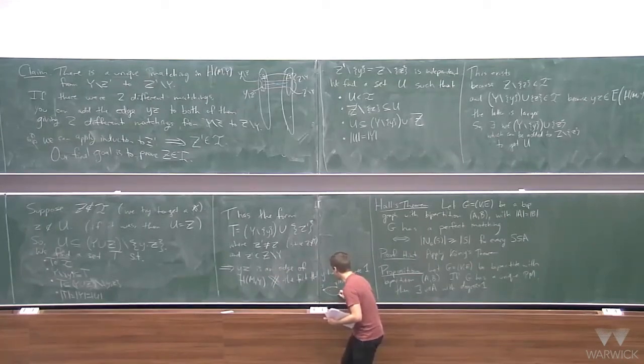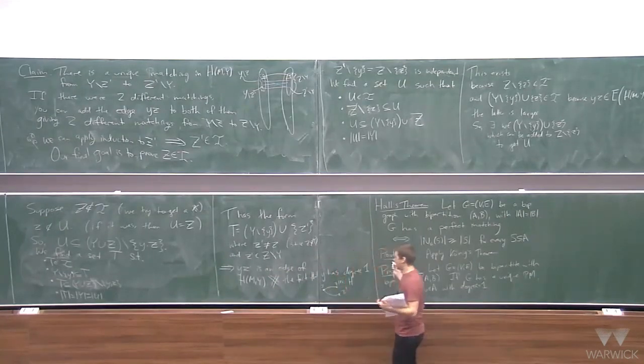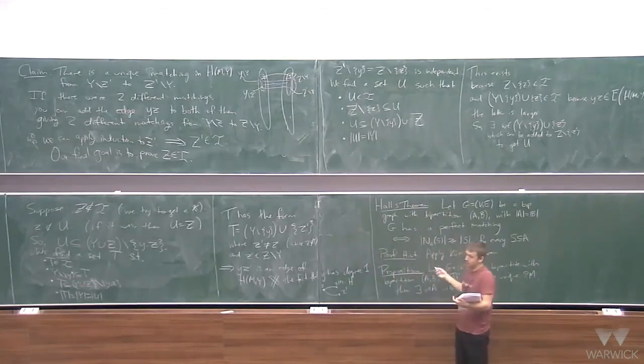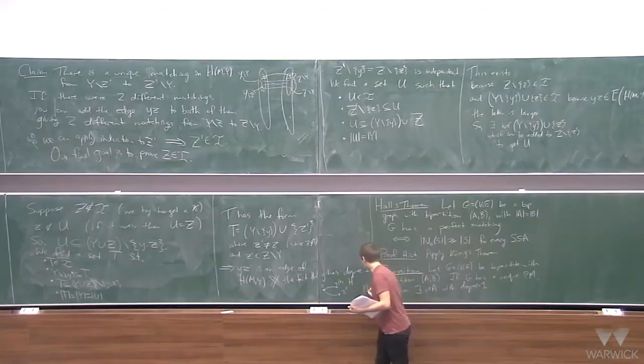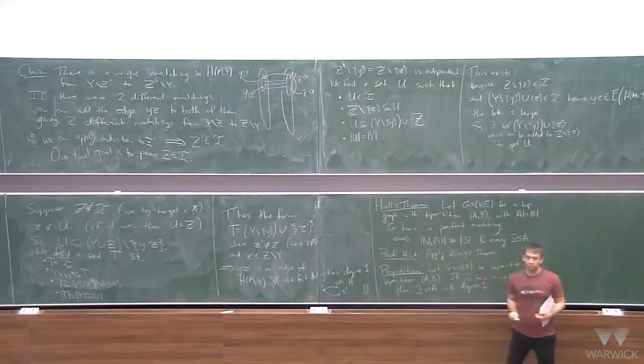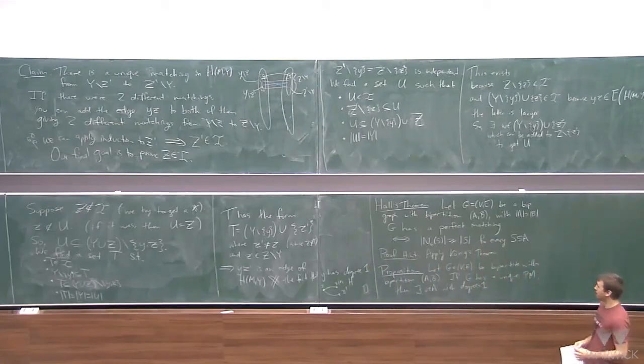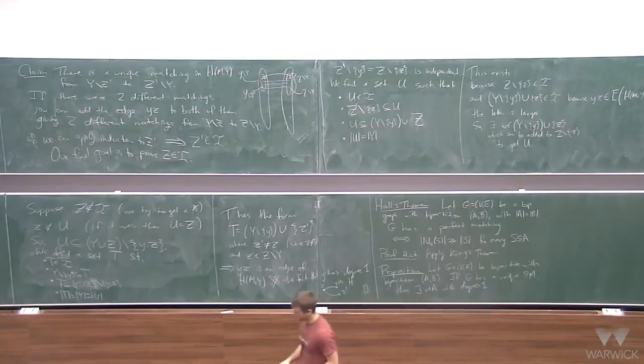We found another neighbor z prime. They're different, so that's a contradiction. Okay, it feels like a very strange argument, but yeah, this is going to be useful tomorrow.